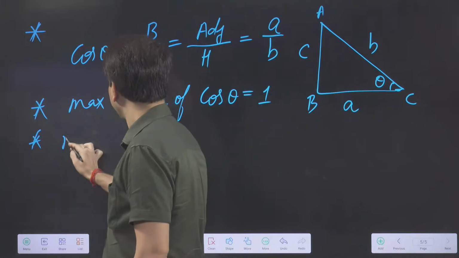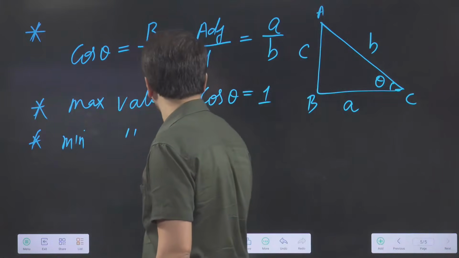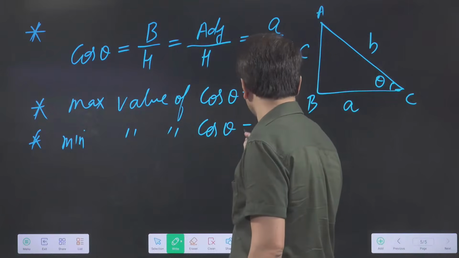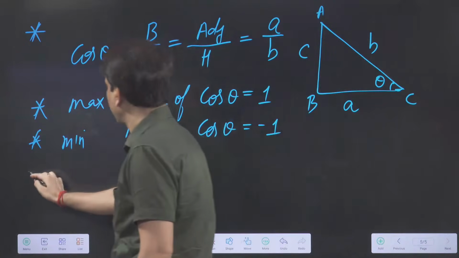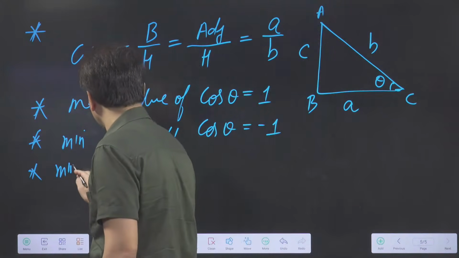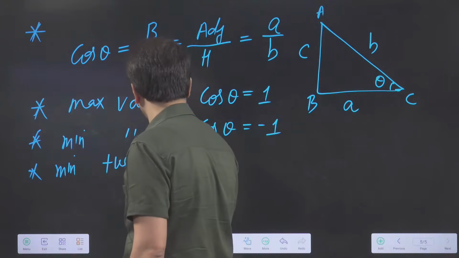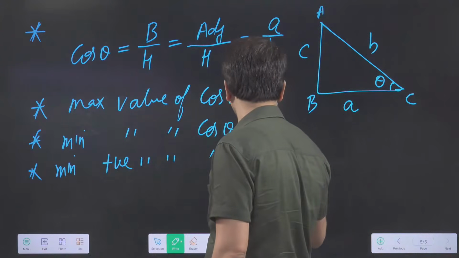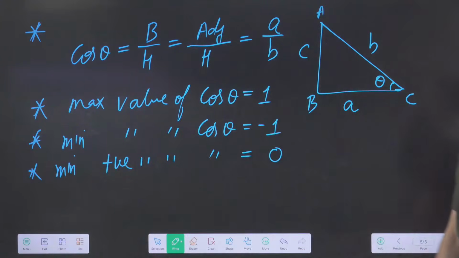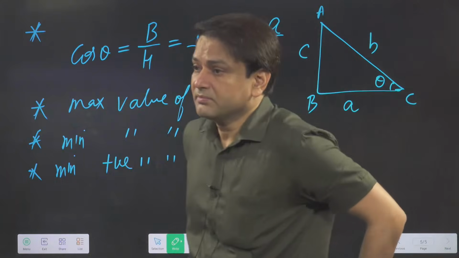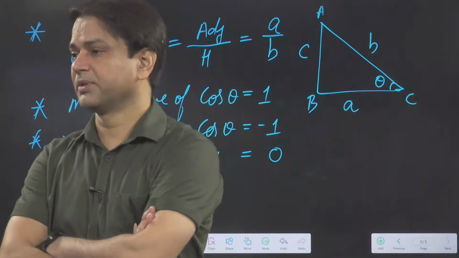Next, minimum value of cos theta is equal to minus 1. And the minimum positive value of cos theta is equal to 0. Completed?